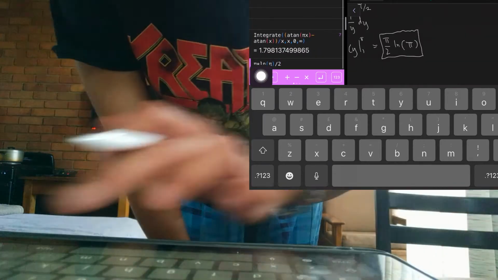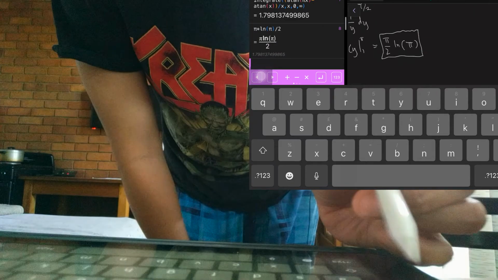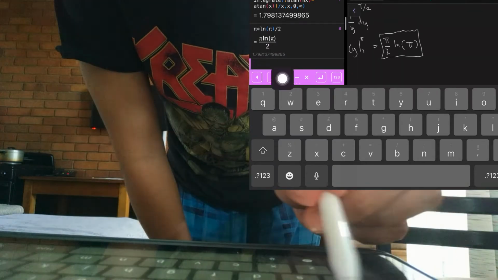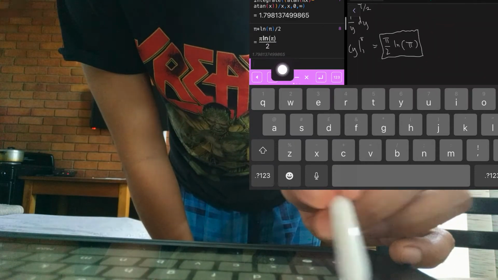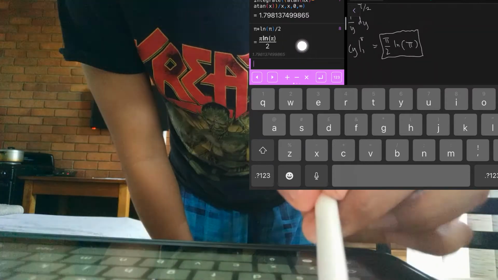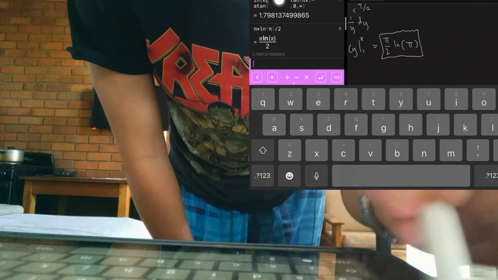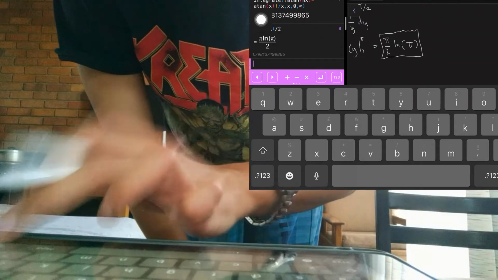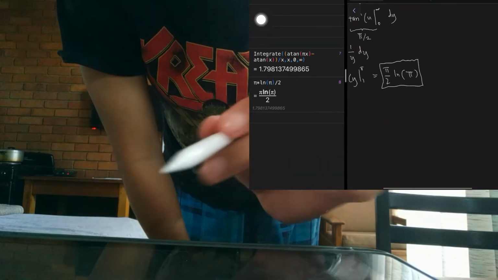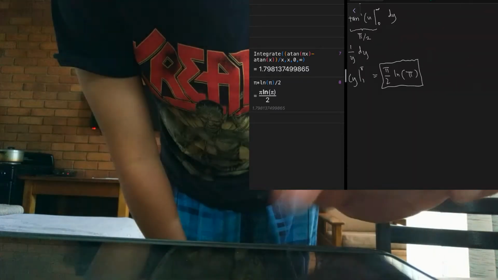Okay, let's enter. And of course, this is the number: π ln π over 2 is 1.798, which is exactly what you get when you evaluate the entire integration. That means our final answer is correct.